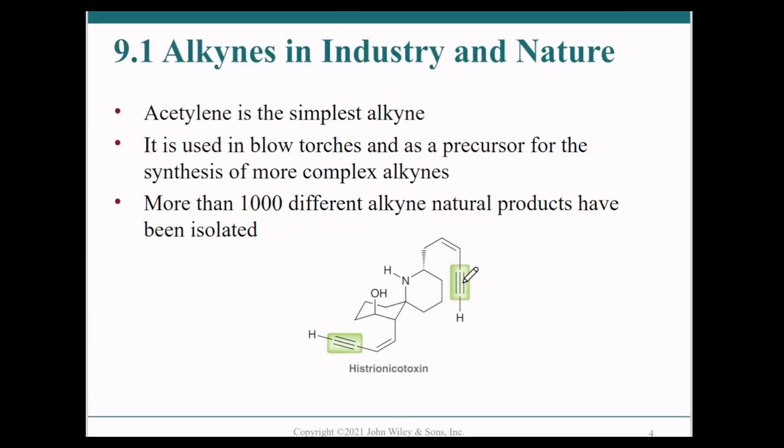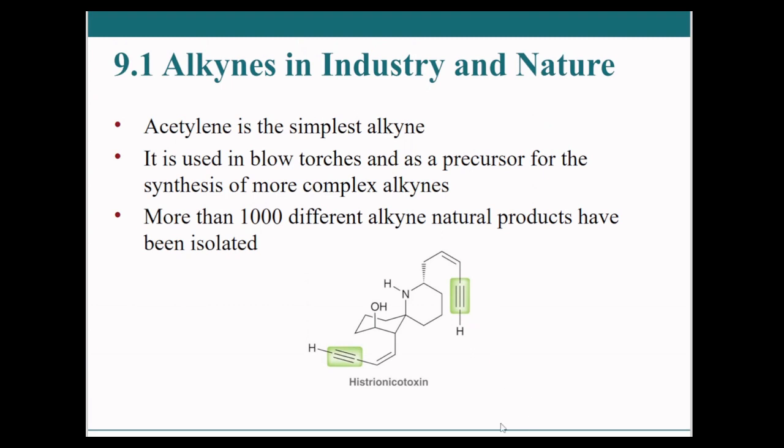All right, and so alkynes in industry and nature. Here we have this natural toxin which is found in the poison dart frog, which contains alkyne functionality. So alkynes are not as common in nature as alkanes and alkenes, but we do find some of them, okay? And so here is a toxin that comes from the poison arrow frog that has this alkyne functionality.